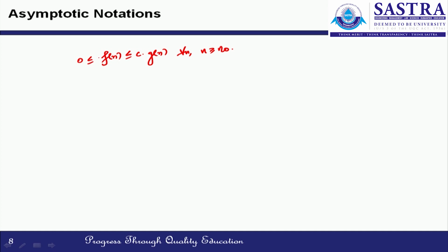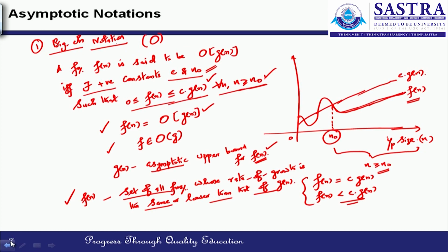In this case, since g of n is an asymptotic upper bound for f of n, from the functional representation, this is some constant c into g of n, in which the function g of n determines the asymptotic upper bound for the function f of n.